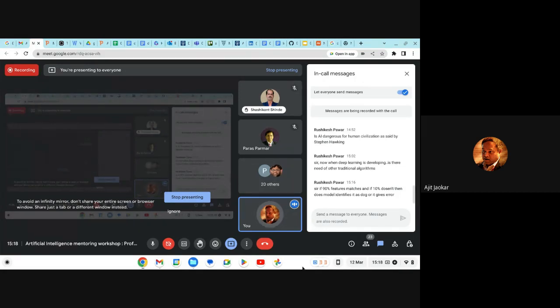Okay, if 90% of features match and 10% doesn't match, whatever the dog, that's a very good question again. So this is probabilistic. When you do any machine learning or deep learning, it is not a deterministic algorithm, meaning that it can never say it is 100% a cat or a dog.